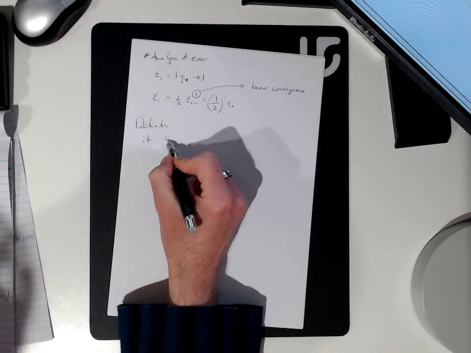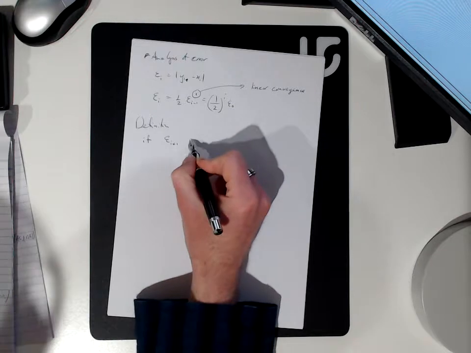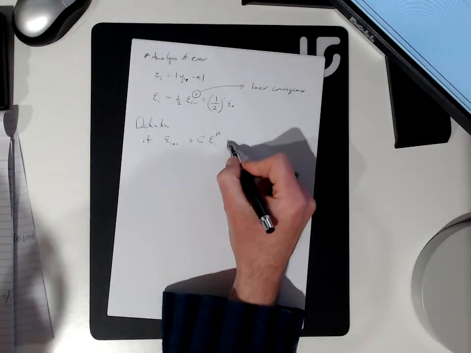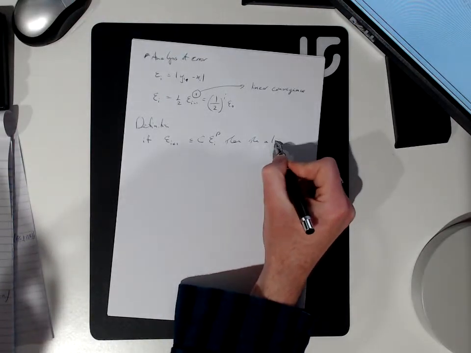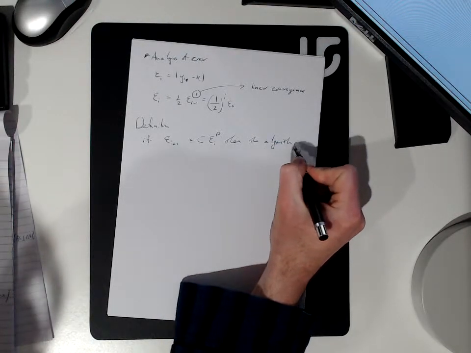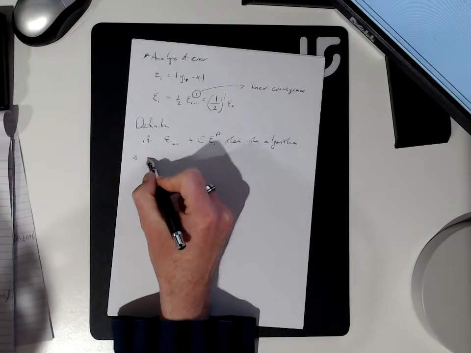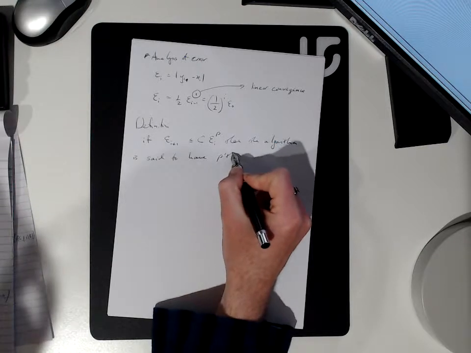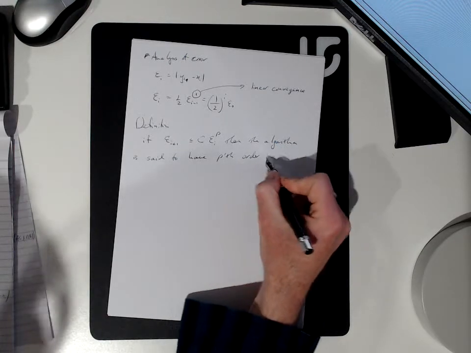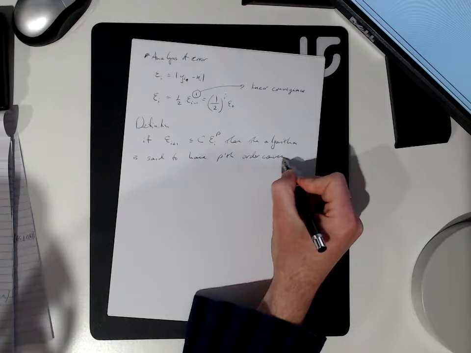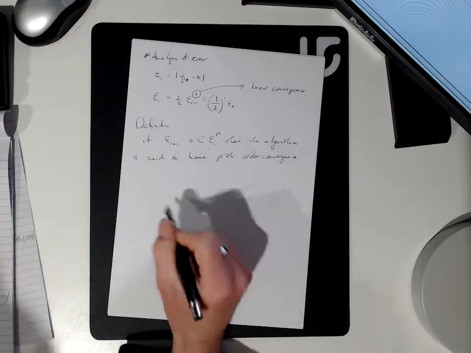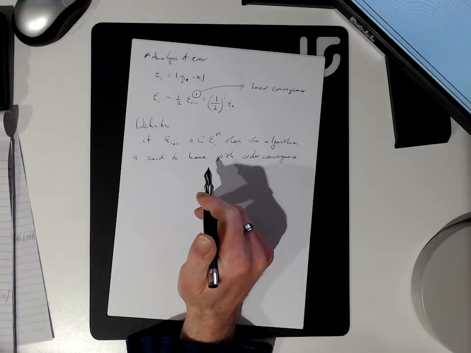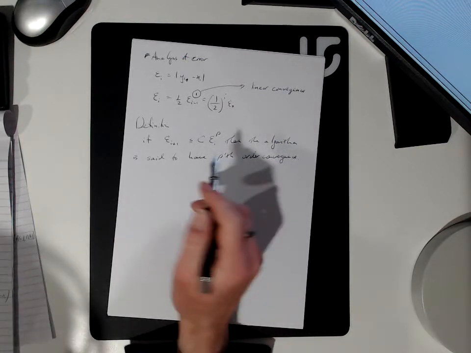If for some numerical algorithm the error is less than or equal to some constant times the error to the power of p, then the algorithm is said to have pth order convergence. And people use terms like linear, quadratic, cubic, quartic. I don't know, I've never heard quartic, but I guess so.